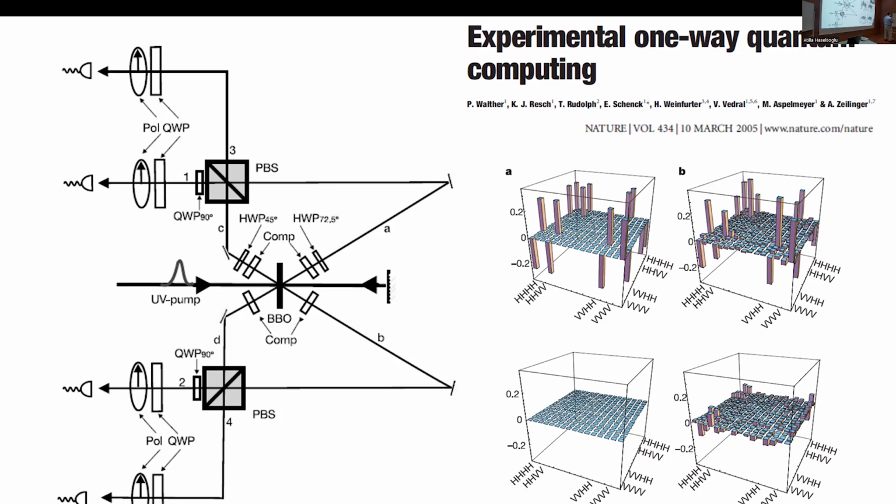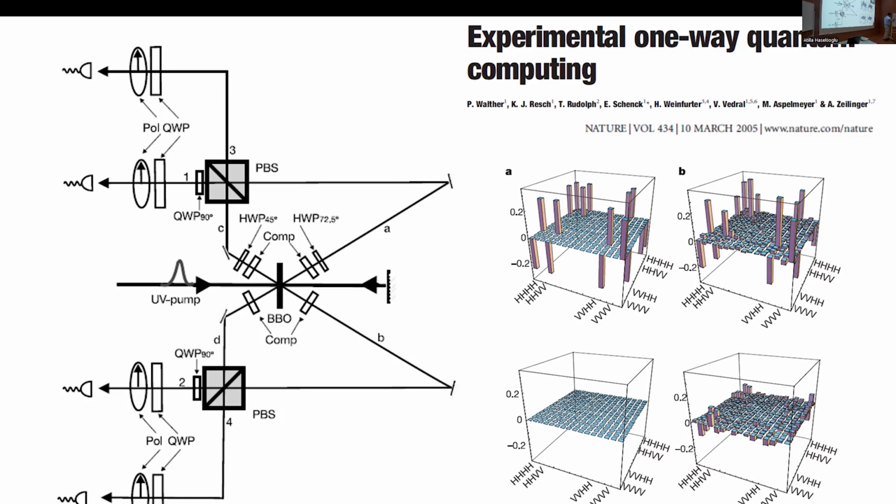So if I take this state and I were to do this operation, Hadamard on the first qubit, nothing on the second qubit, nothing on the third qubit, and a Hadamard gate on the fourth qubit, I will get this quantum state, the cluster state.